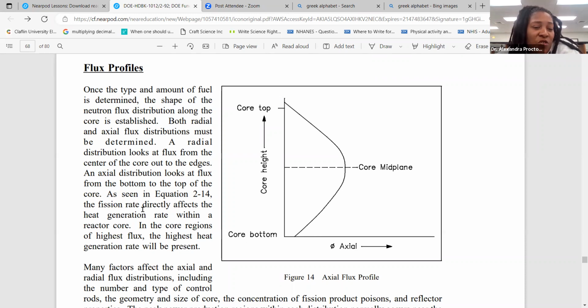An axial distribution looks at flux from the bottom to the top of the core. And as seen in equation 2-14, the fission rate directly affects the heat generation rate within a reactor core. In the core regions of the highest flux, the highest heat generation rate is present.